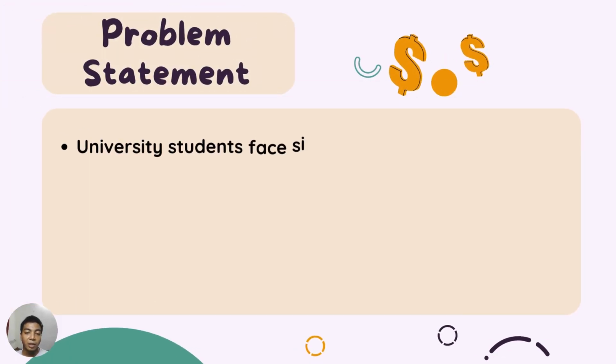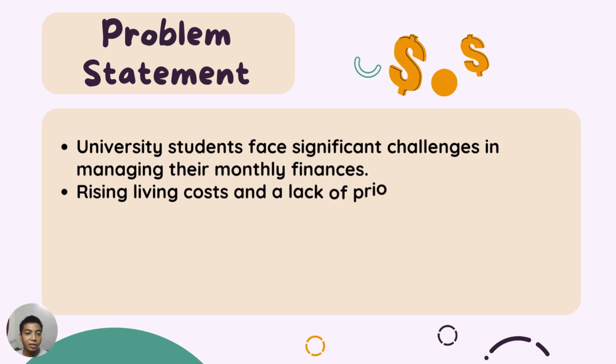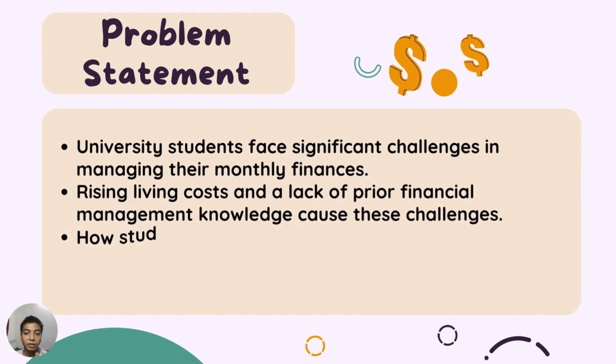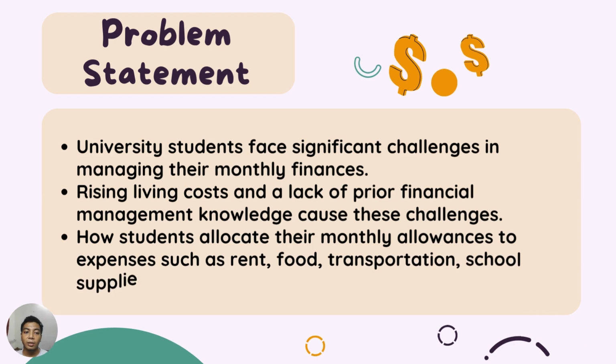So the problem statement that we have here: as university students, they face significant challenges in managing their monthly finances. They don't know how to save or how to invest, or how to use their money, and rising living costs and a lack of prior financial management knowledge cause these challenges.